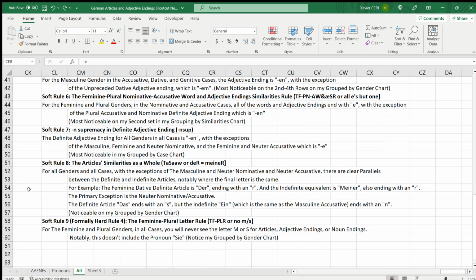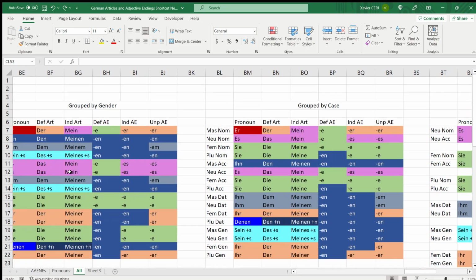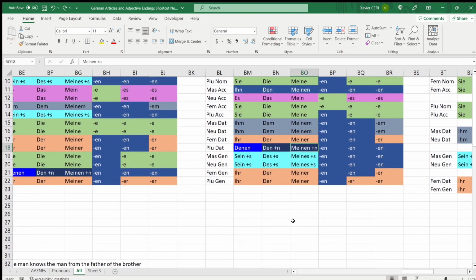Whatever. Anyways, for all genders, the article similarities as a whole: for all genders in all cases, with the exceptions of the masculine and neuter nominative and neuter accusative, there are clear parallels between the definite and indefinite articles, notably where the final letter is the same. So this is kind of what I was talking about earlier, where it is die meine, den meinen, des meines, den meinen, der meiner.